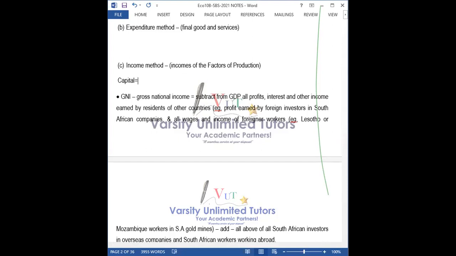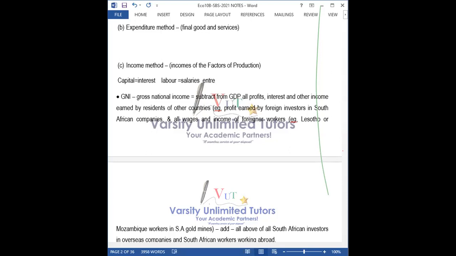So if you look at capital, capital usually is remunerated in form of interest. And if you look at labor, labor is remunerated in form of salaries and wages. Then we're saying capital, labor, entrepreneurship.